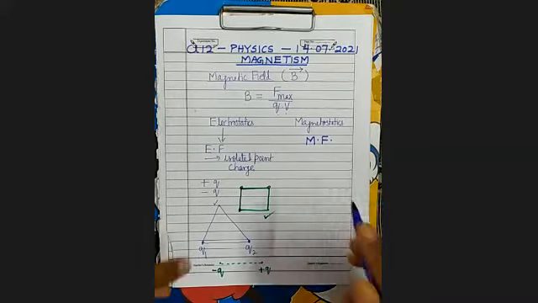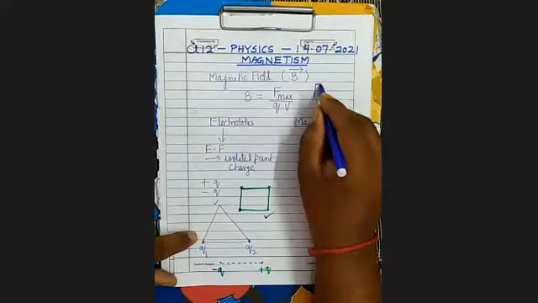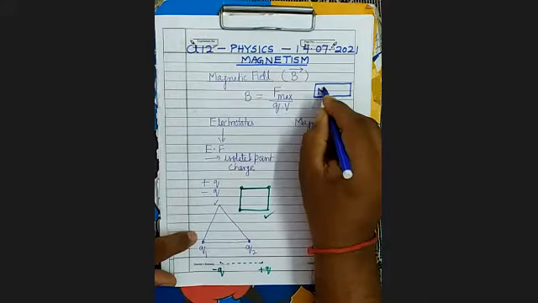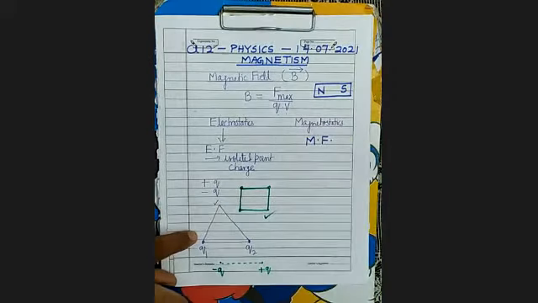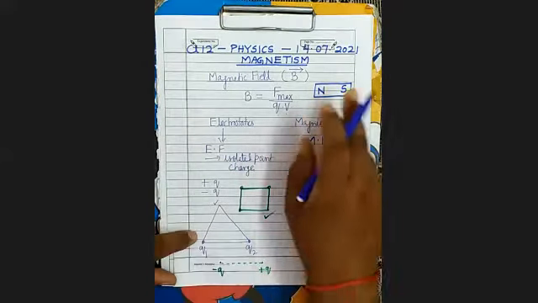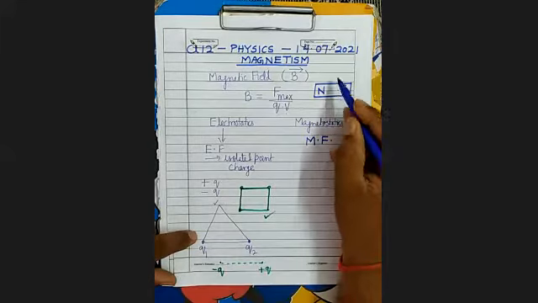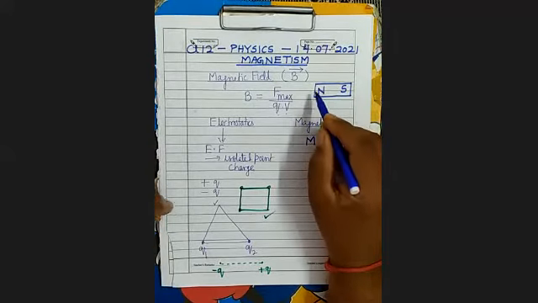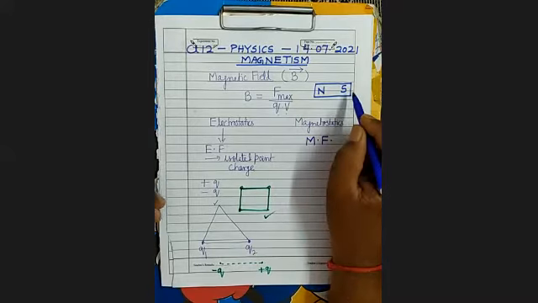Monopoles cannot produce magnetic field because, as I told in previous lectures, independent existence of north and south pole is not available. They can never be separated. If you keep on breaking the magnet into two parts, one face will become north and the other face will become south.